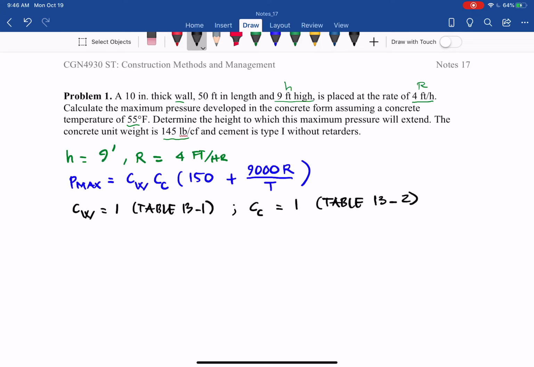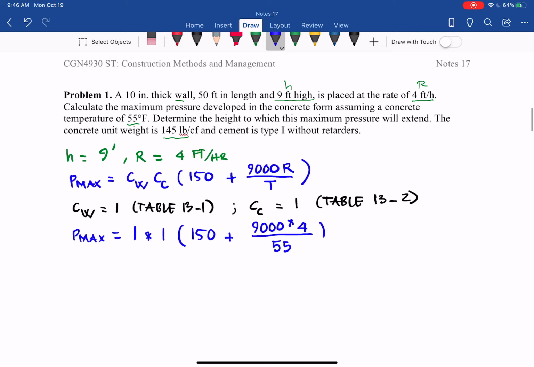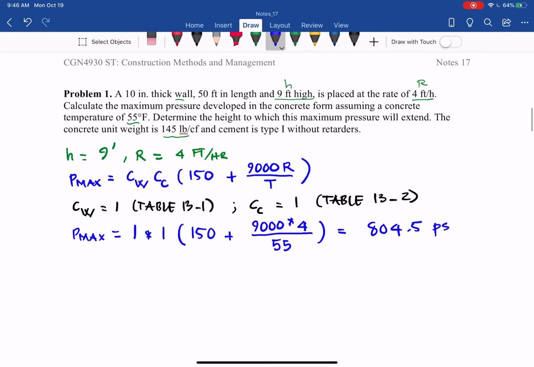So we can plug into the equation: P max equals 1 times (150 plus 9,000 times the rate of placement, 4 feet per hour, over T, 55 degrees). So we have 804.5 pounds per square foot.